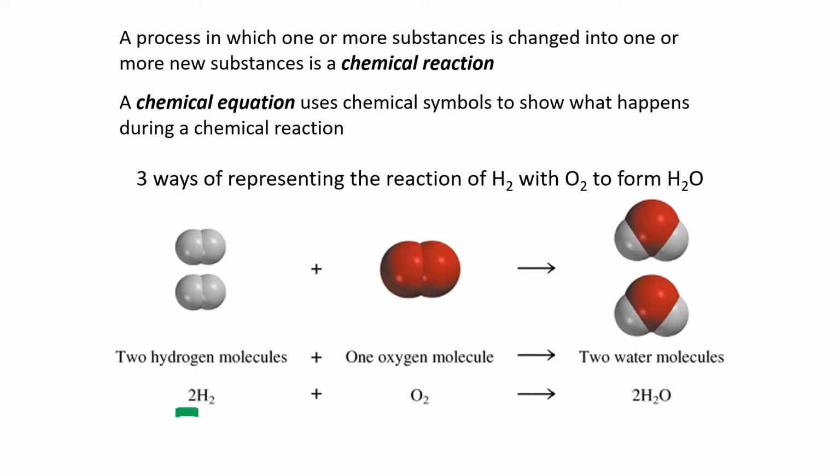Or more commonly, we use the symbols and coefficients to indicate how many there are. So 2 H2 molecules react with 1 oxygen molecule to give us 2 water molecules. Reactants are always on the left side of the arrow and products always on the right side of that arrow.